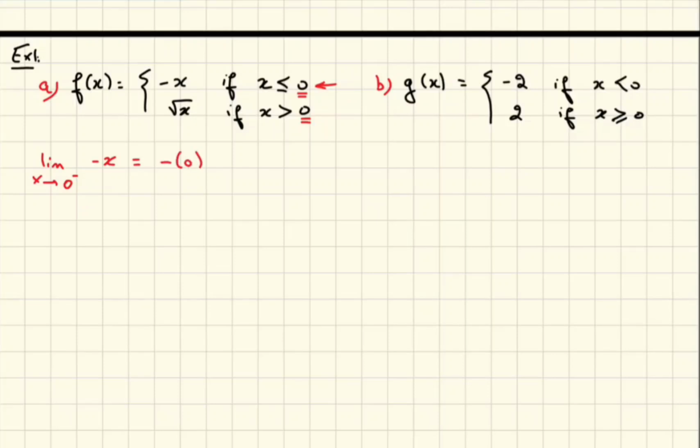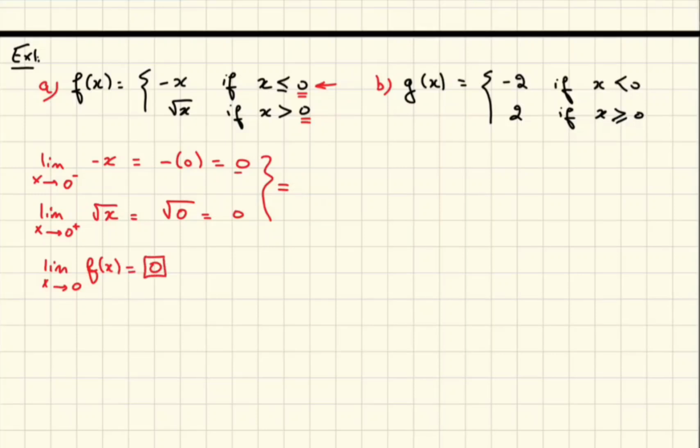No need to write 0 minus, which is 0. Then I do it from the right side. It means we're talking about the positive part, so we take the second piece and also we replace only 0. The answer is 0. Since these two are equal, now I can conclude that the limit as x approaches 0, now we don't care from the left or the right, of the function f of x is equal to 0, the same number we got here and there.